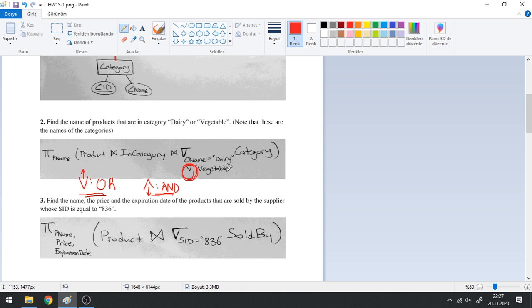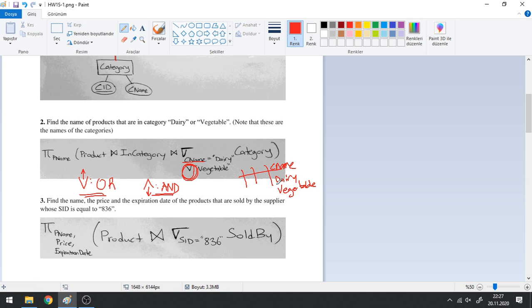But if you mistakenly say that it is equal to diary and vegetable, this is going to return nothing, because we are looking at just one attribute, right? We have some category table with different attributes, and CNAME is just one attribute, and this attribute cannot be equal to diary and vegetable at the same time.